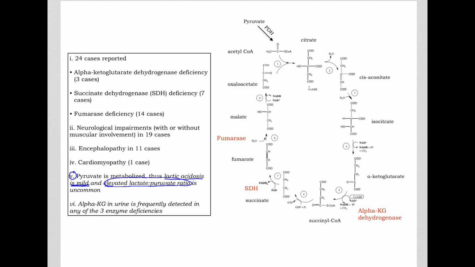The second is that alpha Kg in urine is frequently detected, whether the disease is due to a deficiency of fumarase, SDH, or alpha Kg dehydrogenase. This metabolite, alpha-ketoglutarate, is quite often found in the urine.